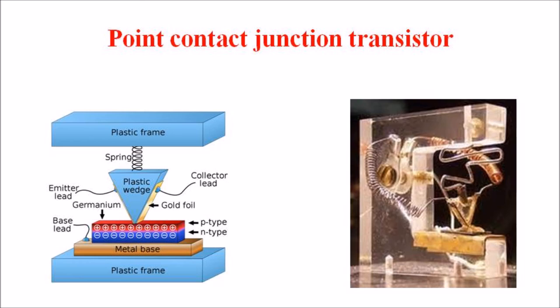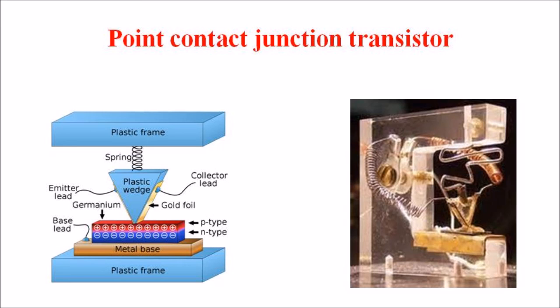A small change in the first contact current causes a greater change in the second contact current. Thus, it acts as an amplifier. The first contact is the emitter and the second contact is the collector. The low current input terminal is the emitter, while the high current output terminal is the base and the collector.